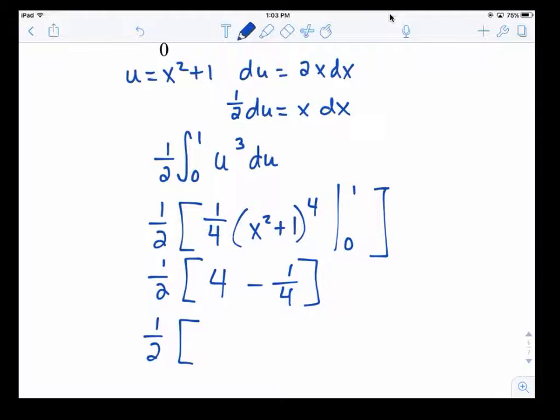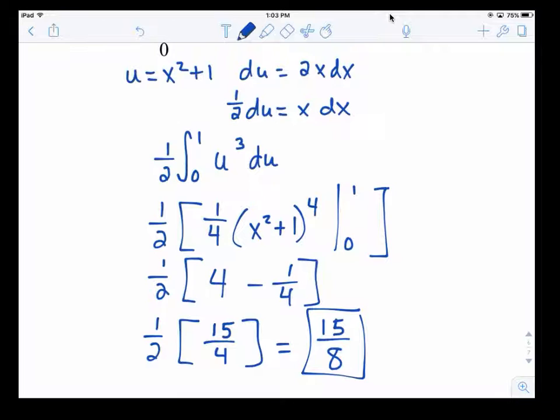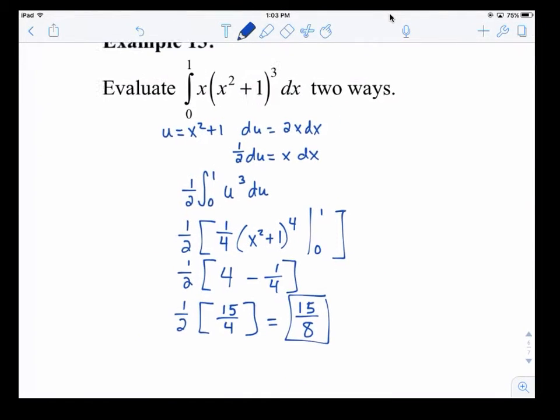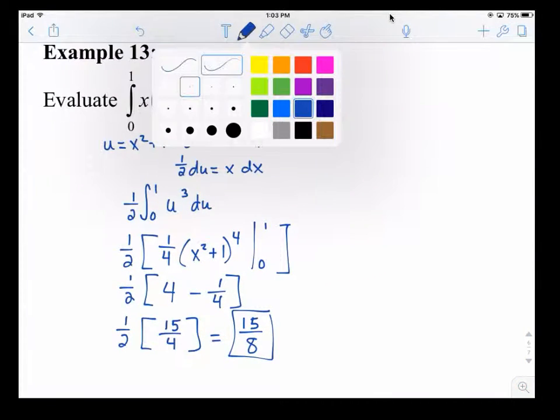That is 15 over 4. So you get 15 over 8.